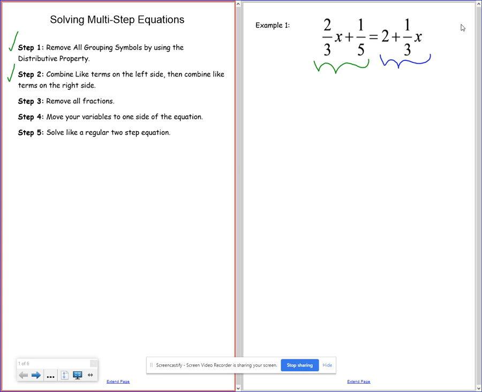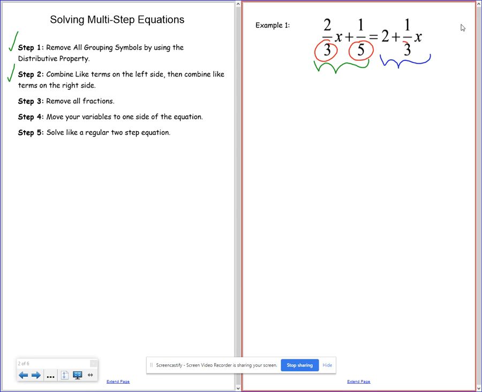So what you're going to do is look at the denominators. We got 3, 5, and 3. You want to find the least common denominator, the least common multiple. So if you count by threes, 3, 6, 9, 12, 15, and so forth.